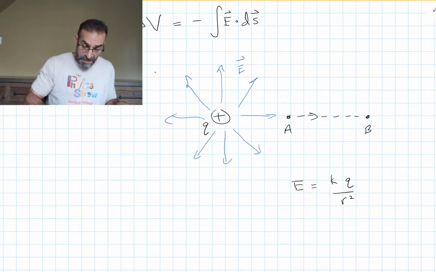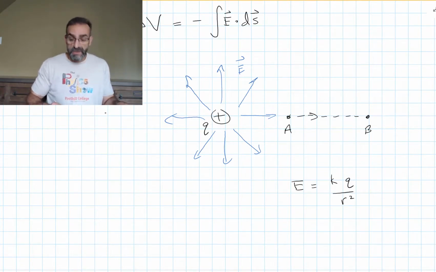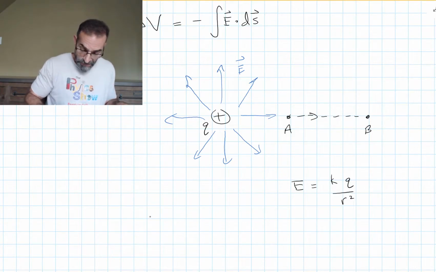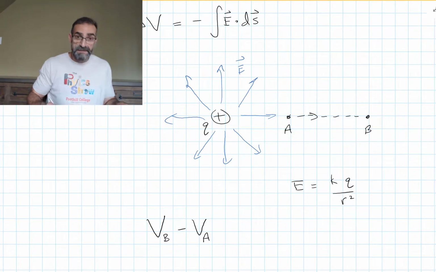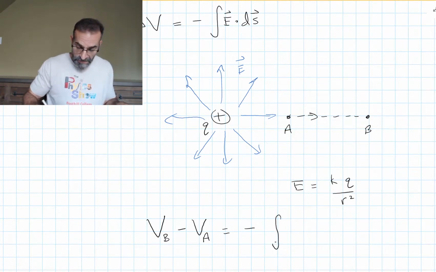So let's go back up to our potential equation. The change in potential, delta V, is going to be our final potential minus our initial potential. That's delta V. And that has to equal negative the integral of E dot ds.